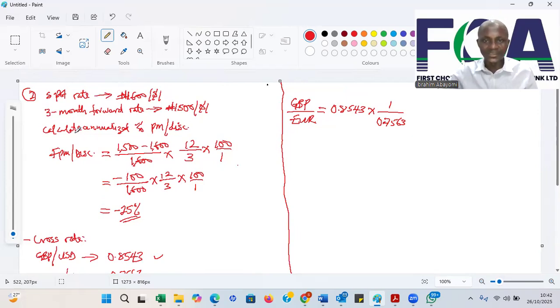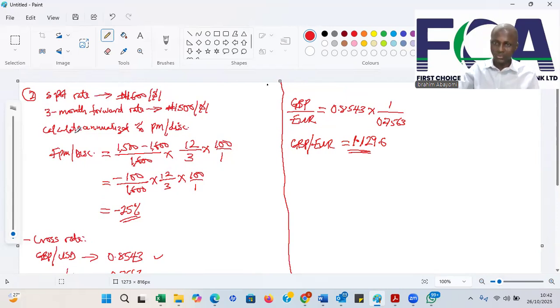So our exchange rate of GBP to EUR will be equal to 1.296. That is how to deal with cross rate.